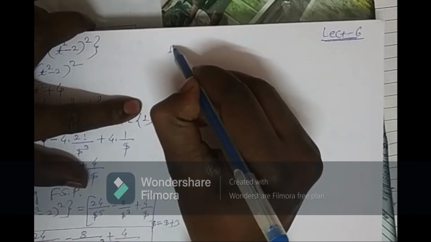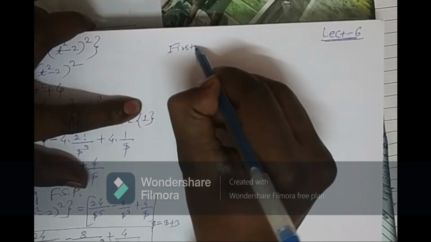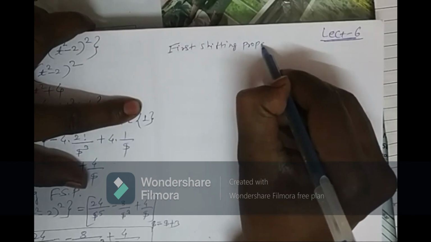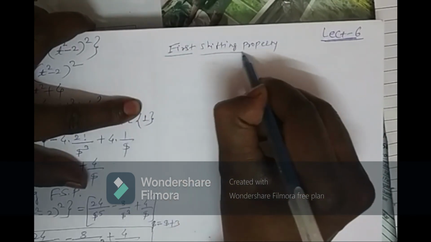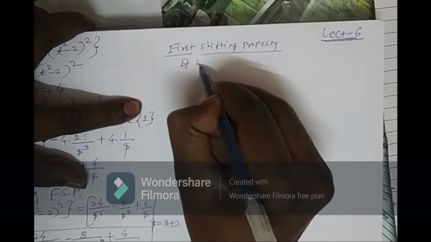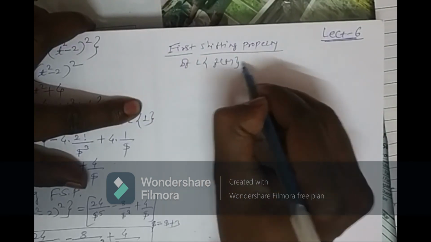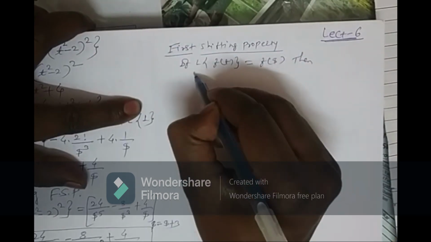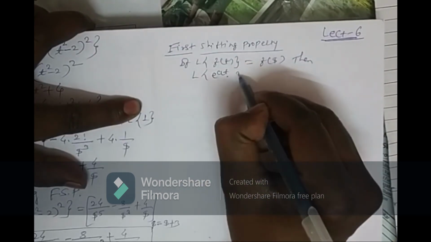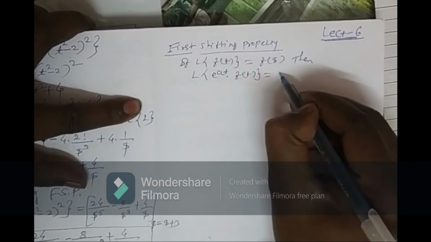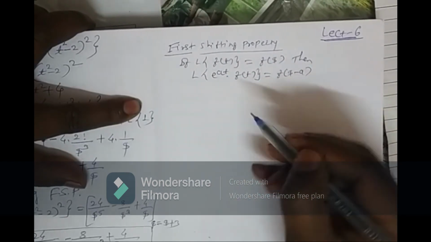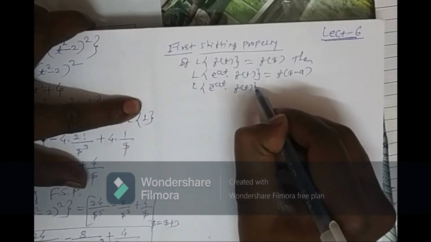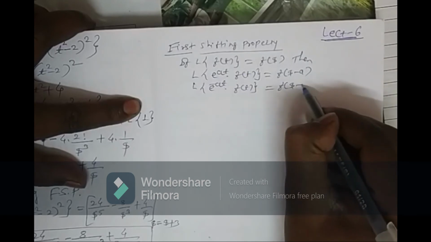So what is the property? First shifting property. If Laplace transform of f of t is equal to F of s, then Laplace transform of e raised to at into f of t is equal to F of s minus a, and Laplace transform of e raised to minus at into f of t is equal to F of s plus a.